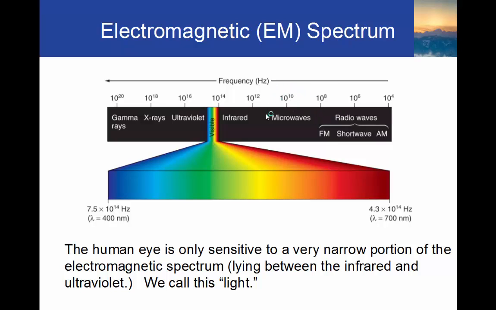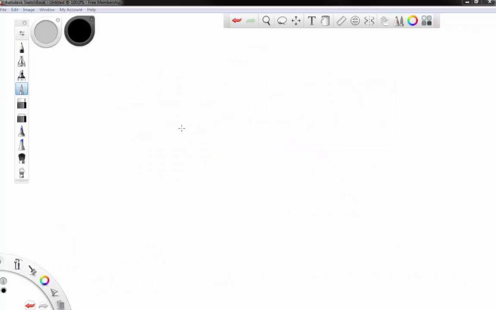So you see that this thing is saying that microwaves are at roughly 10 to the 10th hertz, or 10 to the 10 cycles per second. So frequency is approximately 10 to the 10th hertz.